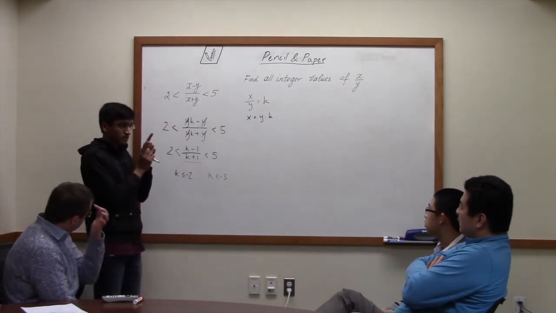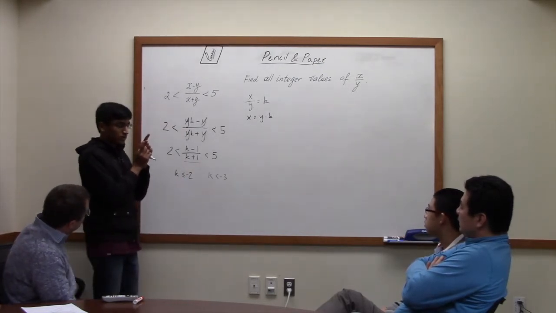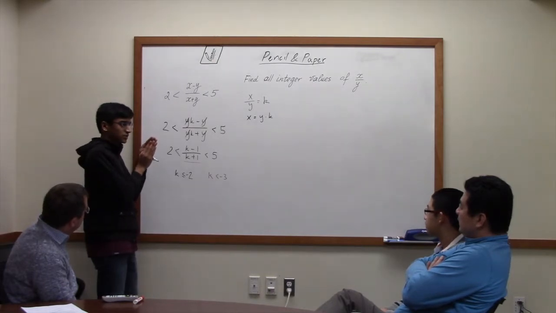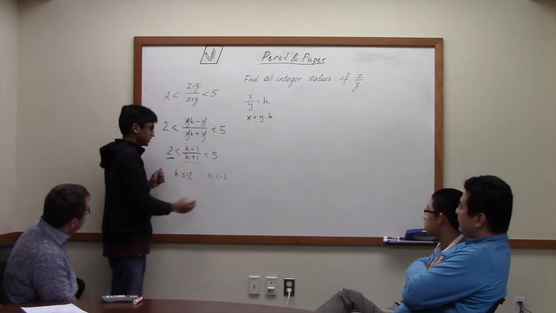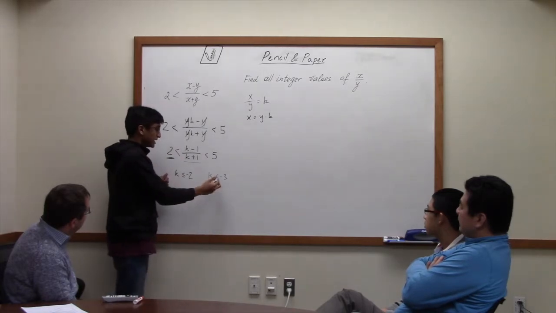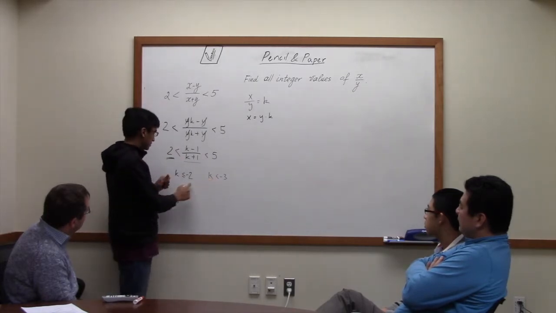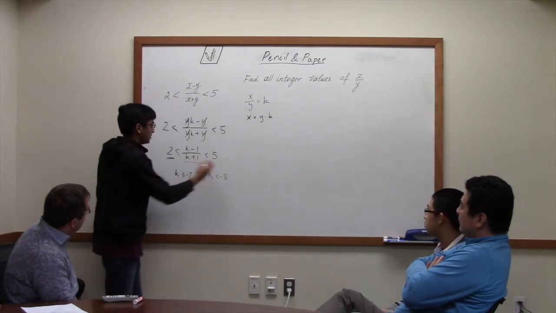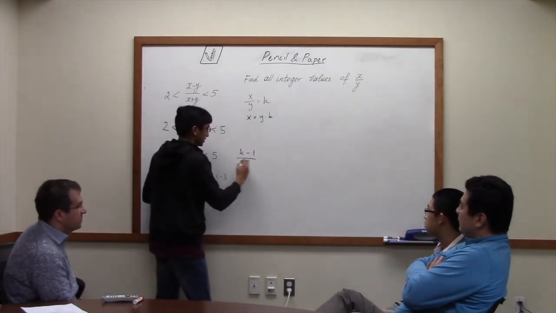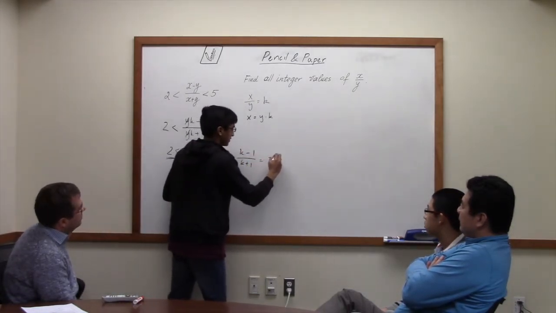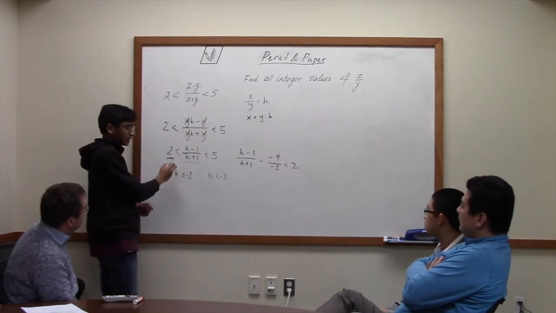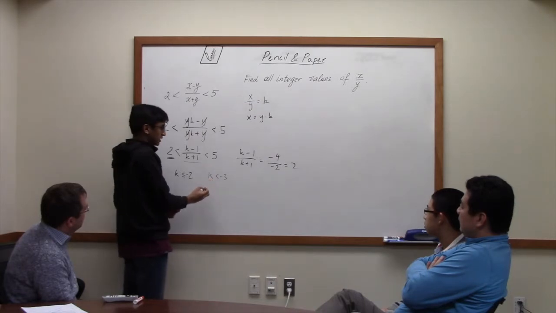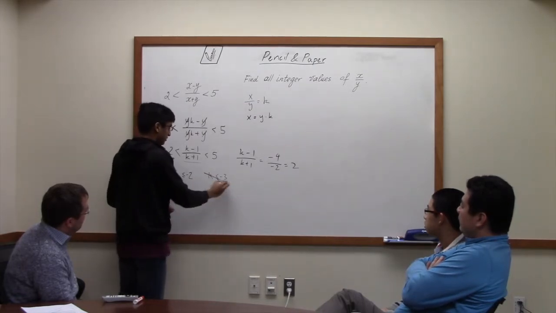And then these two are very close to each other, they're only 2 apart. So the ratio will start to get closer and closer to positive 1, and then it will pass this 2 boundary. So when k is equal to negative 3, then we get k minus 1 over k plus 1 equals negative 4 over negative 2, which is 2. Since this is strict, this is already bad. So k needs to be less than or equal to negative 3.